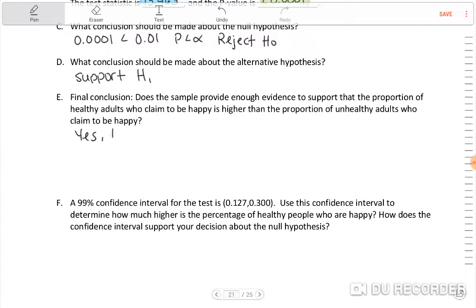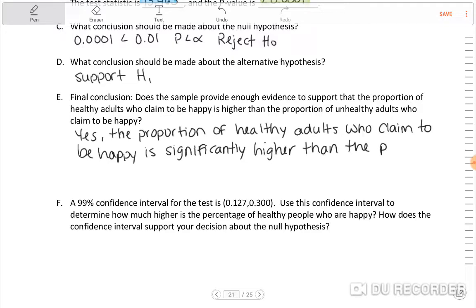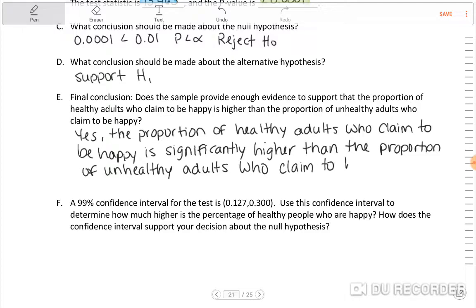So yes, the proportion of healthy adults who claim to be happy is significantly higher than the proportion of unhealthy adults who claim to be happy.